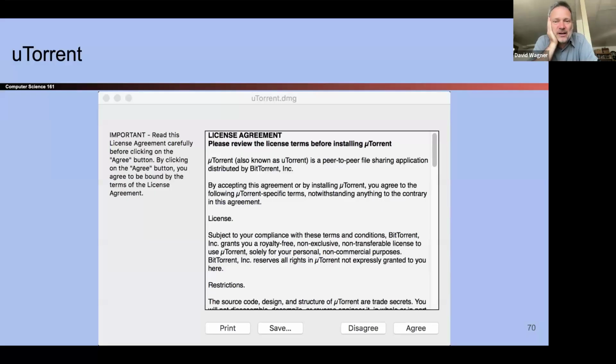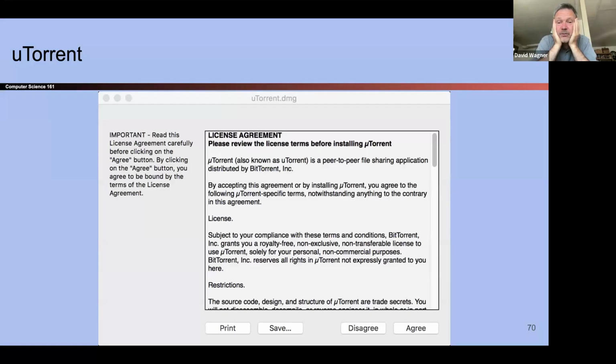Here's another example. Well, I'm showing my age, but back in the era of file sharing, before we had Spotify and Apple Music, if I wanted to get some music on the internet, I could download this torrent application.